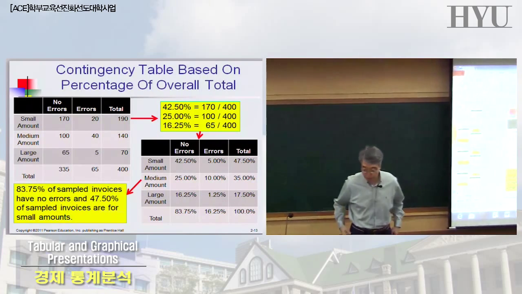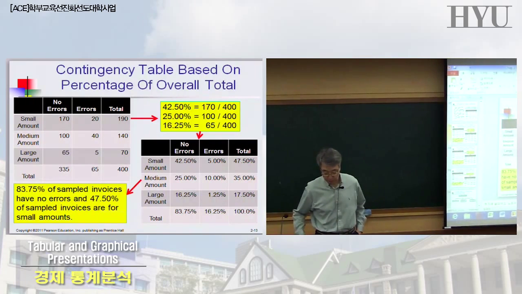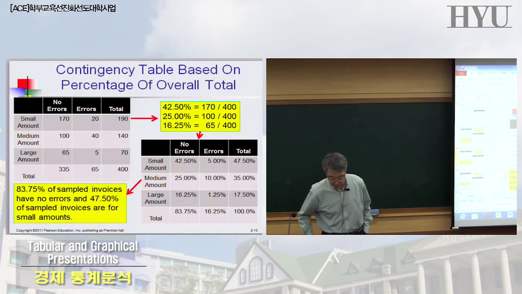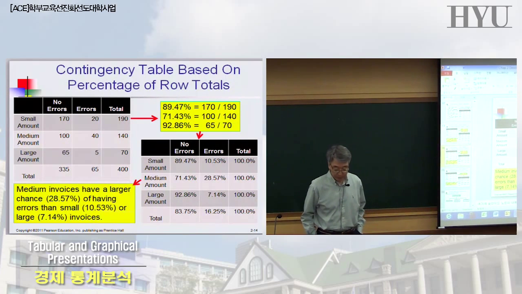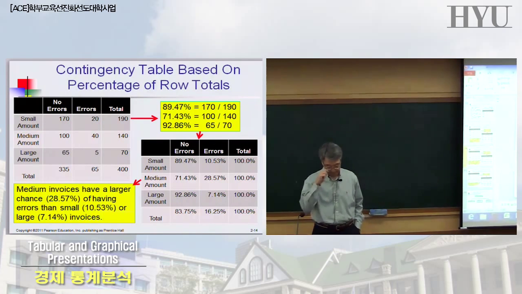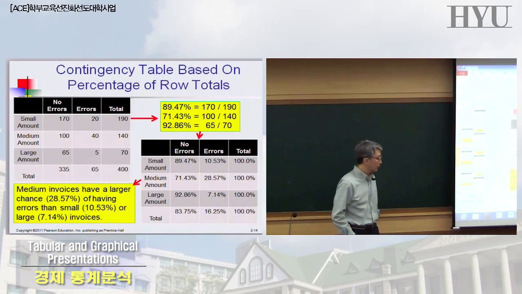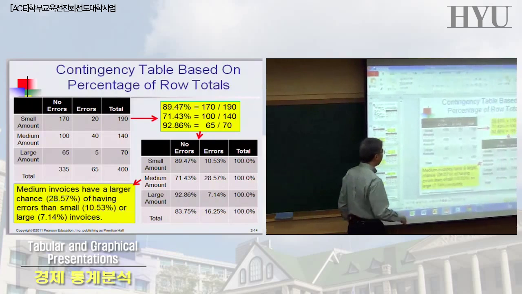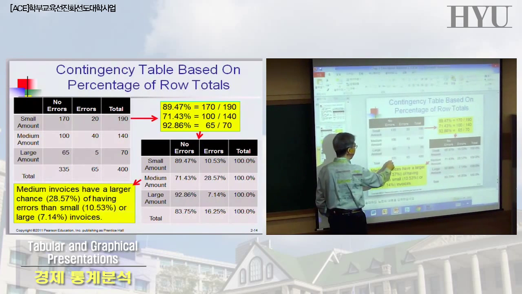So you can do the percentage of overall total, but there are a couple other things you can do with this table. You can do percentage of row totals. You can see the row totals here at the bottom.